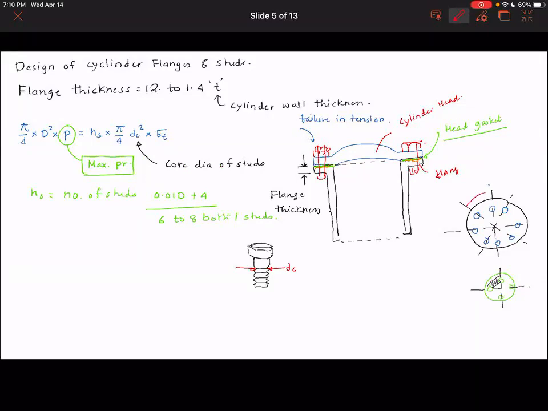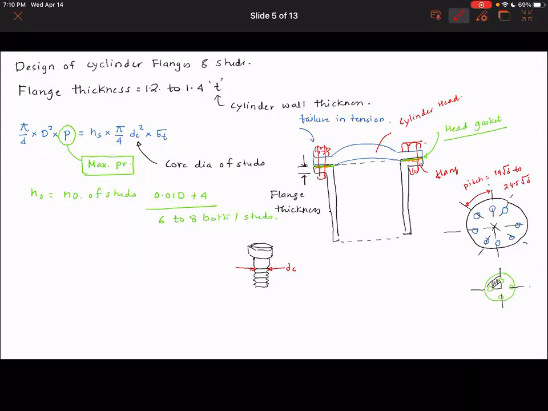To ensure leak proofness, for this pitch there is a design guideline. It should be somewhere between 19 square root of D to 28.5 square root of D.